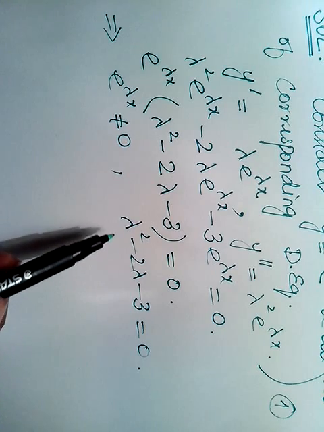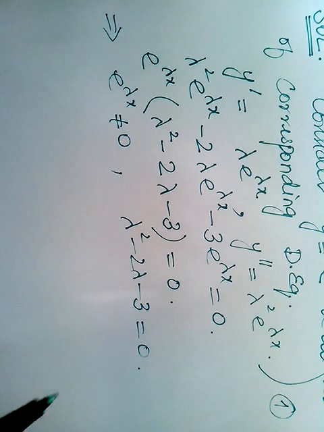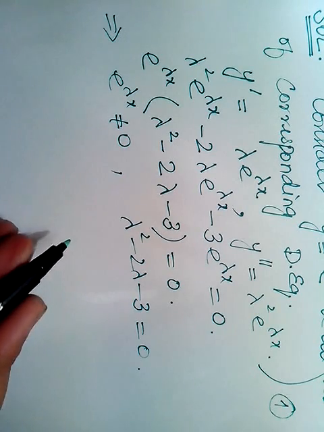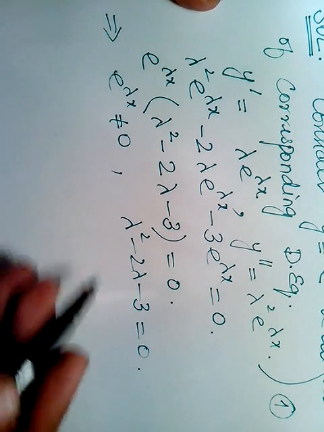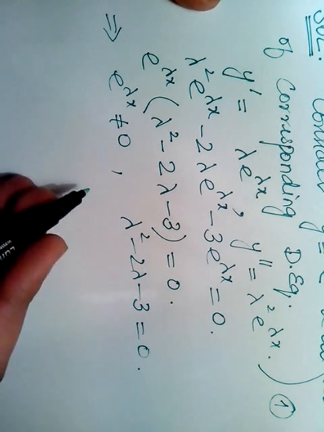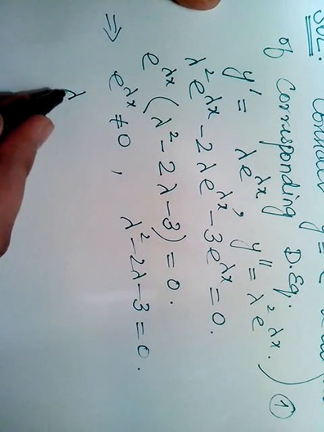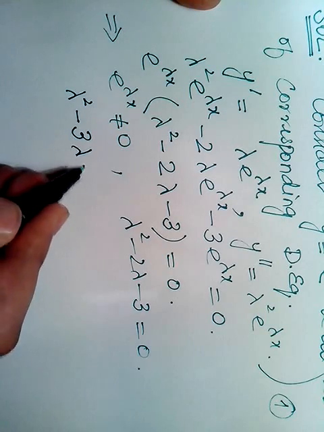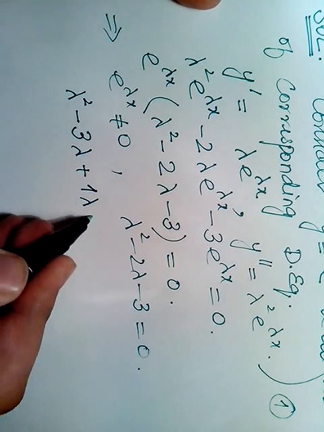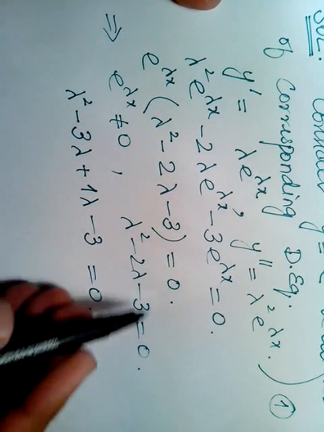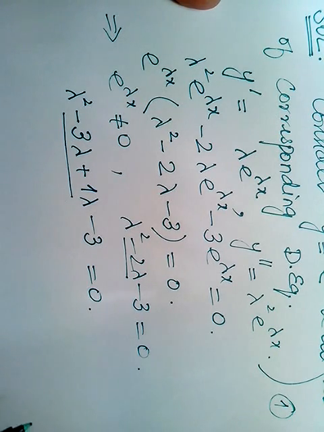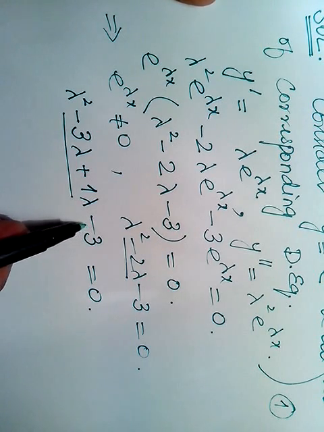We need to find the values of lambda, which is pretty simple. We can apply the formula, or we can even factorize it. This is going to be lambda square minus 3 lambda plus 1 lambda minus 3 is 0. We can break down the minus 2 lambda into minus 3 lambda and 1 lambda, because the sum is minus 2 and the product is minus 3.